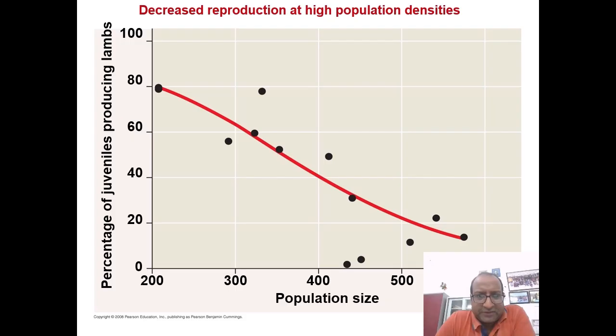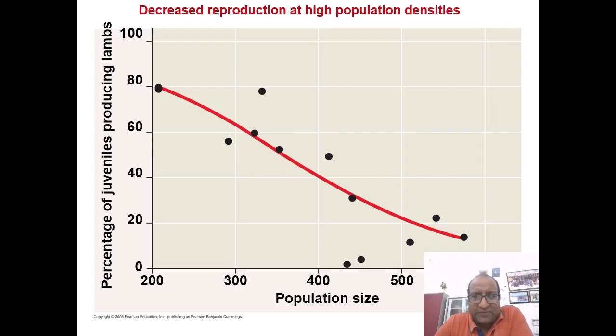Okay, see the population size and the percentage of juveniles produced, for example lambs, the young ones of sheep. If the population size is 200, then 80 individuals are lambs. If the population size is 300, the young ones are only around 60. When population size increases up to 400, the number of lambs is again reduced. By 500 population size, the resources are limited in the same place.